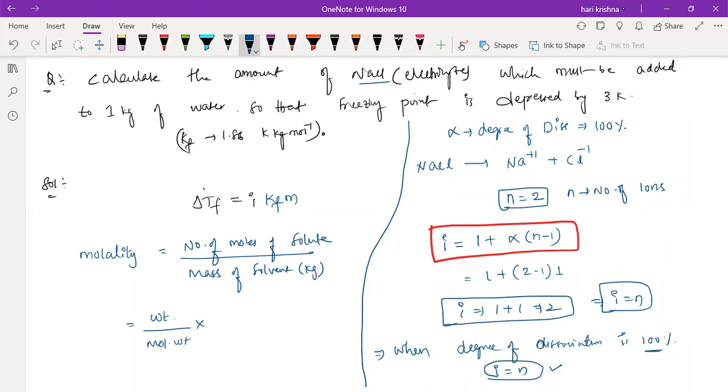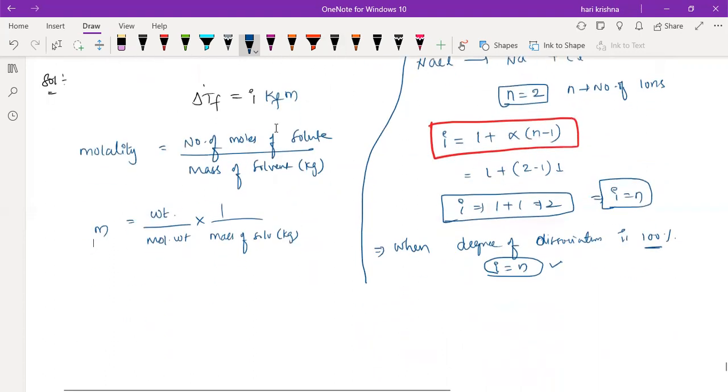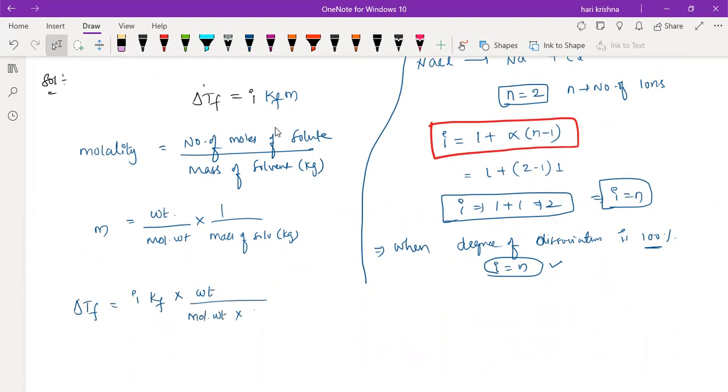If the mass of the solvent is in grams, we take 1000 in the numerator. If it is in kgs, we just take the mass of the solvent in kgs. That is molality. Just substitute the value here. Delta Tf is equal to i Kf weight by molecular weight into mass of solvent in kgs.